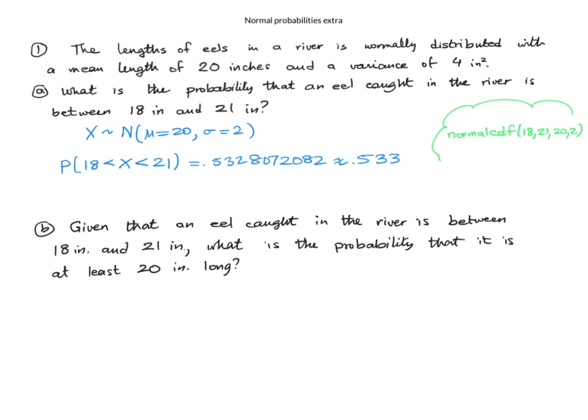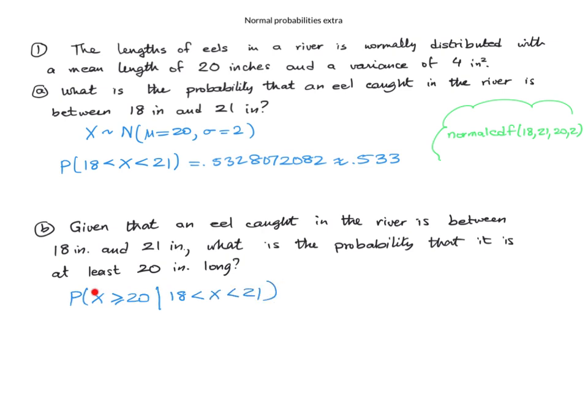Again, this is a conditional probability question. I don't have to write x is distributed as a normal distribution anymore because it's the same normal distribution, but I do need to write the probability statement, which is the probability that x is at least 20, so greater than or equal to 20, given that 18 is less than x, which is less than 21.